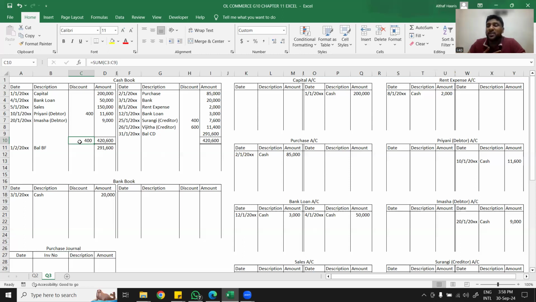Ask the question from yourself. Discount given, what's the double entry? What is the discount received double entry? What is the capital investment double entry? If I can't tell at once, ask yourself that question: can I tell or not?